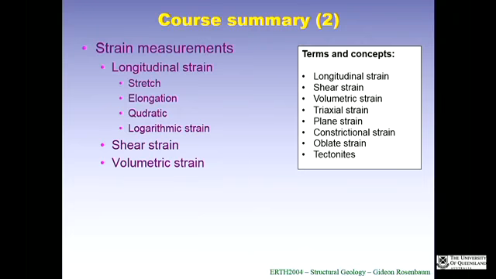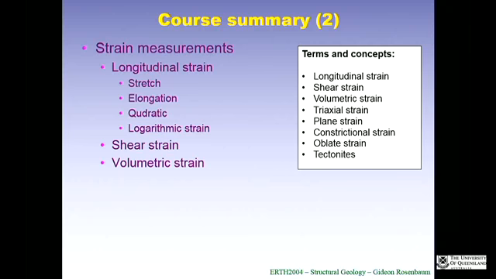The elongation will give you the percentage if you multiply the value by 100. So 0.8 shortening, Z equal to 0.8, is equal to 20% shortening. Make sure that you're familiar with the definitions of longitudinal strain.